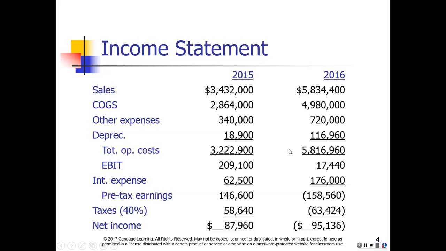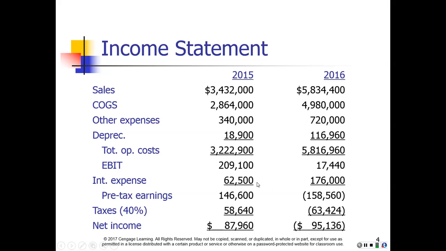We also see that among costs, all the costs have increased. Cost of goods sold has gone up quite a bit. Depreciation has gone up quite a bit, which means that the company must have acquired new machinery or a new factory or new plant, some new fixed asset, right?